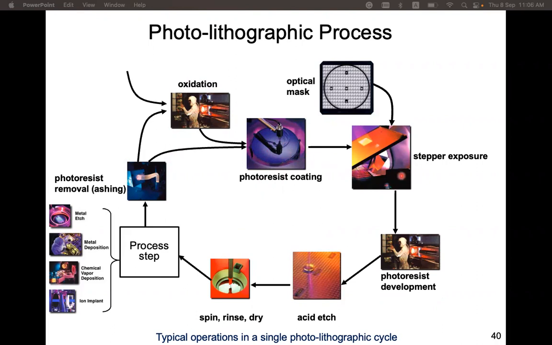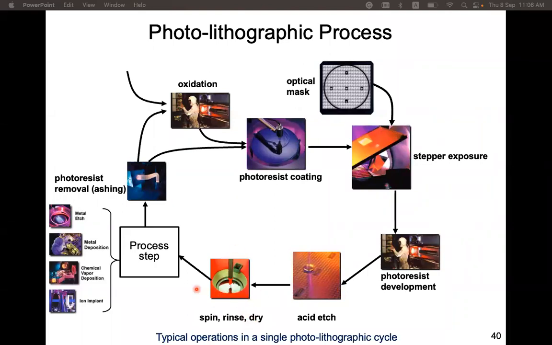And then we expose this wafer with the coated photoresist to light through the photomask. Then we develop the photoresist, to remove the unexposed region. Then we apply etching to remove oxide layers not protected by the photoresist.